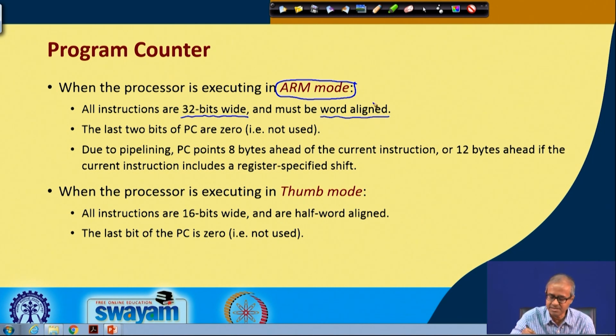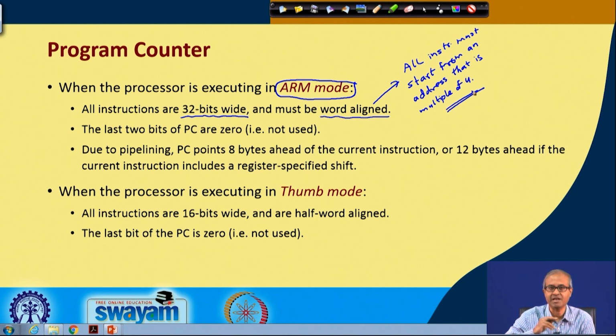Word aligned means all instructions must start from a memory address that is some multiple of 4. This is what you mean by word aligned.